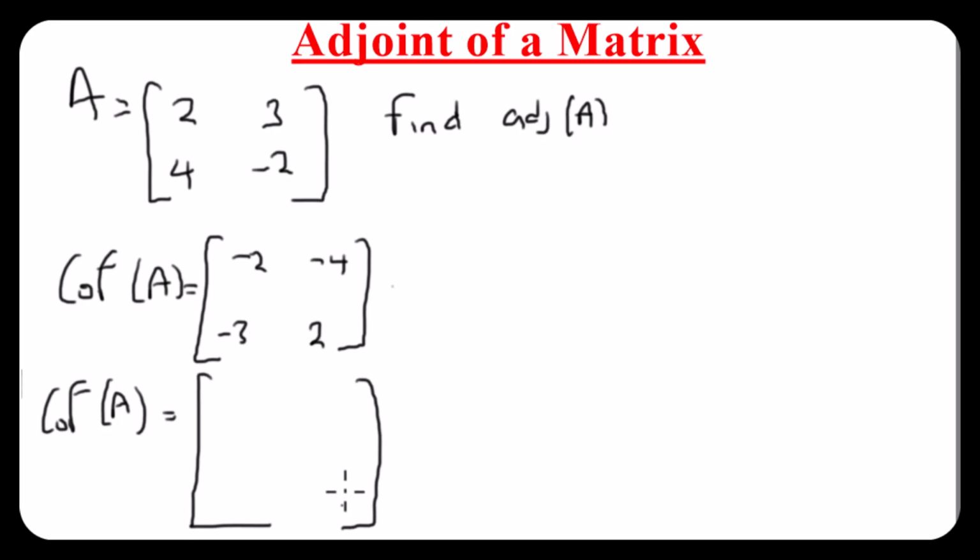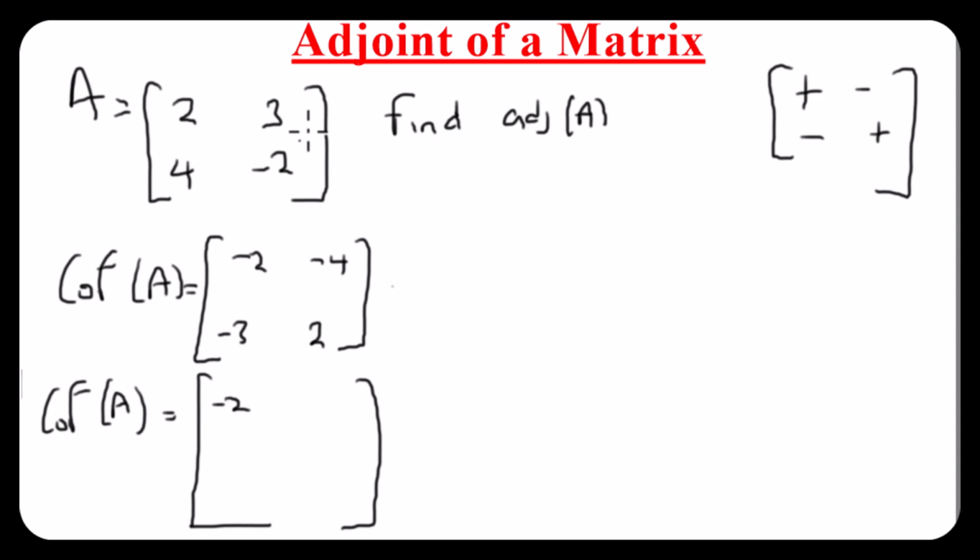Remember we said for a 2 by 2 matrix, the place signs are plus, minus, minus, plus. Let's say this is the original matrix itself. The minor of 2 is -2, because after you strike out the first row and the first column, the only number that is free is -2, and it has a place sign of addition. So plus 1 times -2 will still give us -2, which is what we have here.